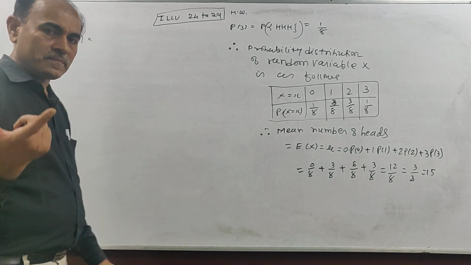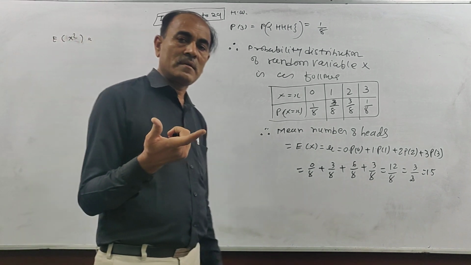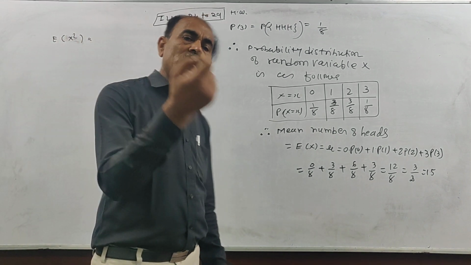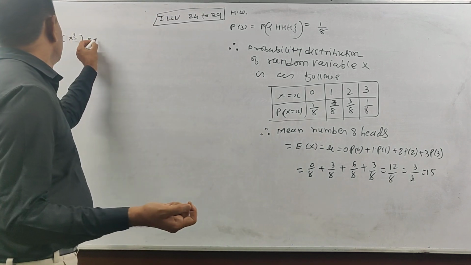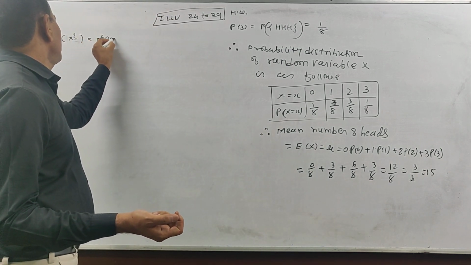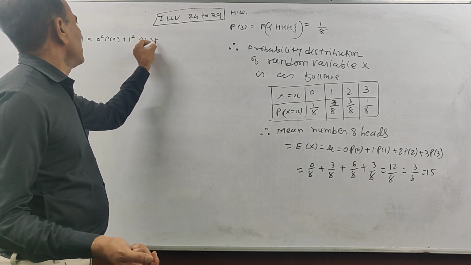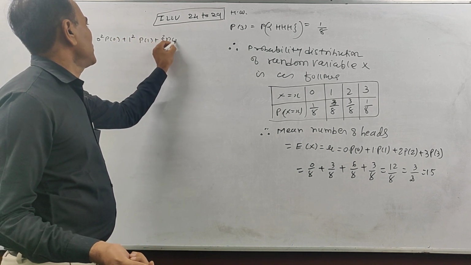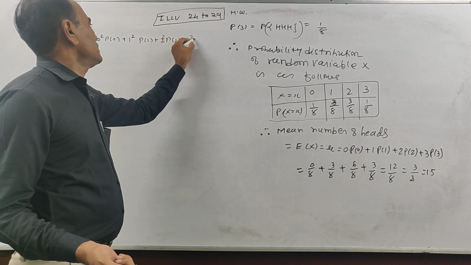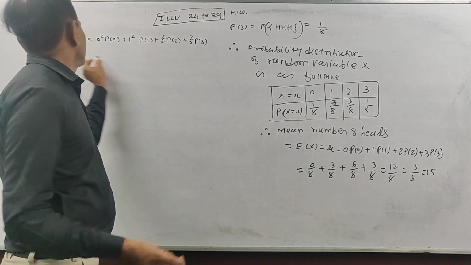It is equal to the standard form. What is the formula? Sigma xi square P of xi. That is 0 square P of 0, 1 square P of 1, 2 square P of 2, 3 square P of 3.